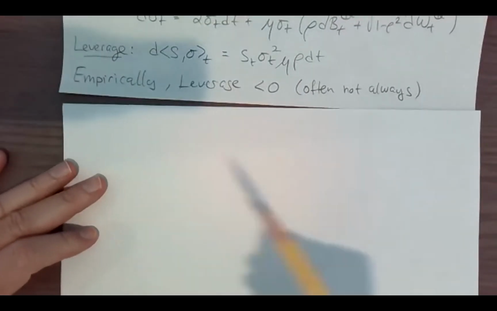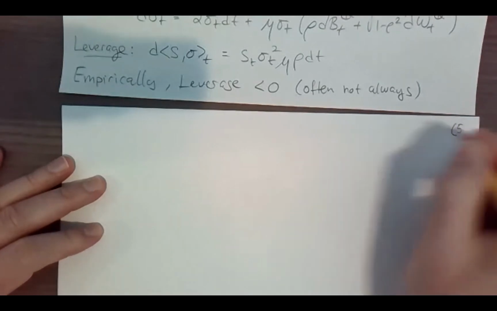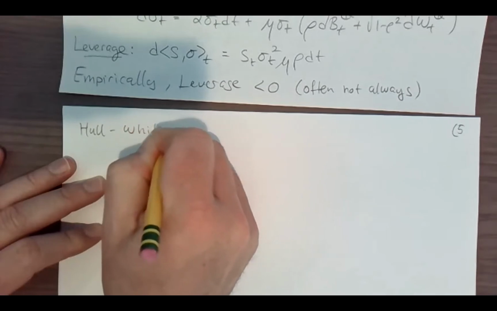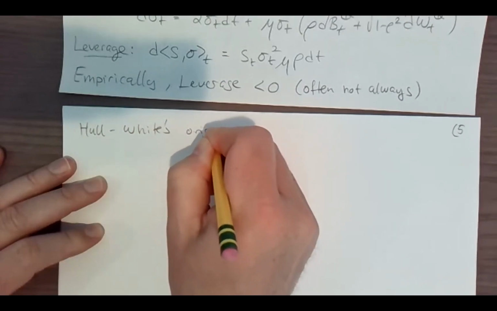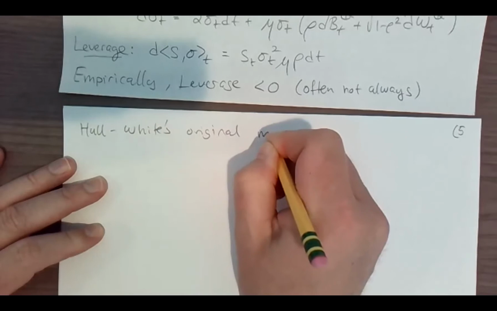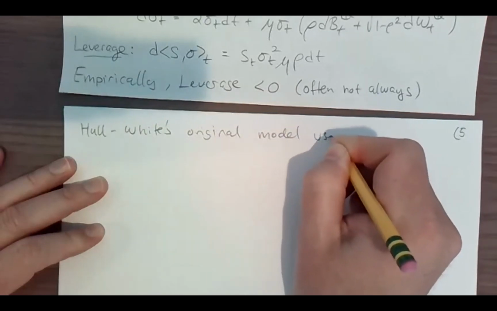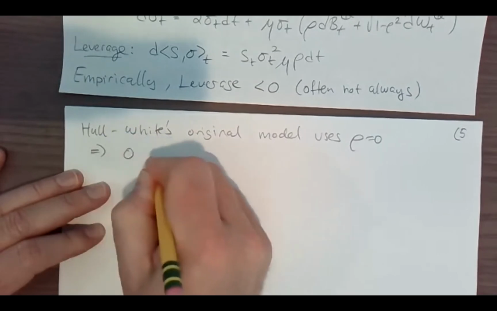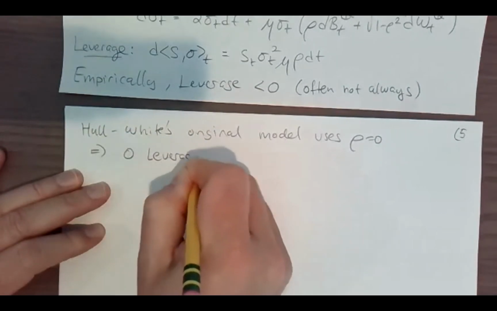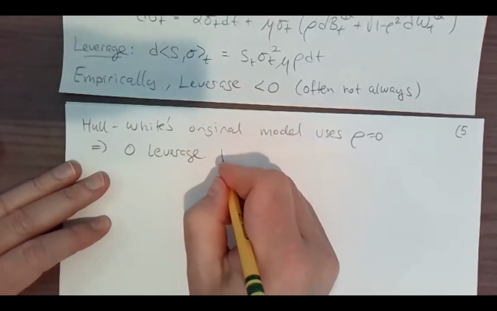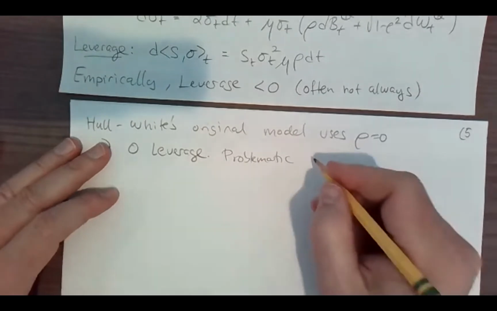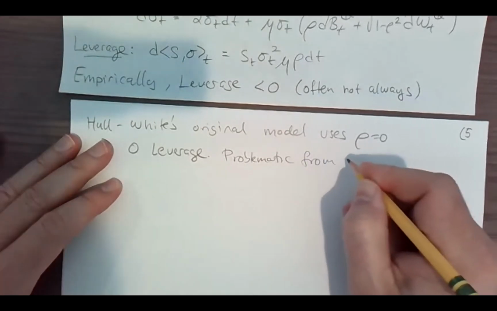So Hull-White's original model uses rho equal to 0, which implies 0 leverage. And this is problematic from an empirical point of view.